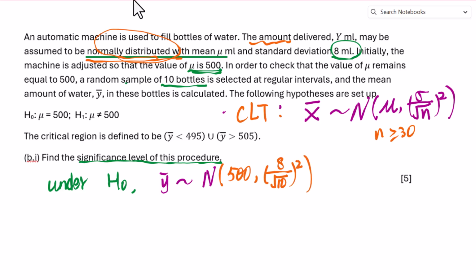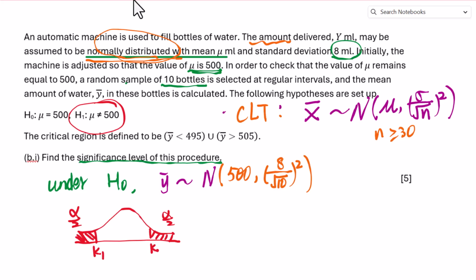Then let's sketch the diagram. Based on this H1, this is a two-tailed test, alpha over 2, alpha over 2. This is K1, K2, from negative infinity to positive infinity.